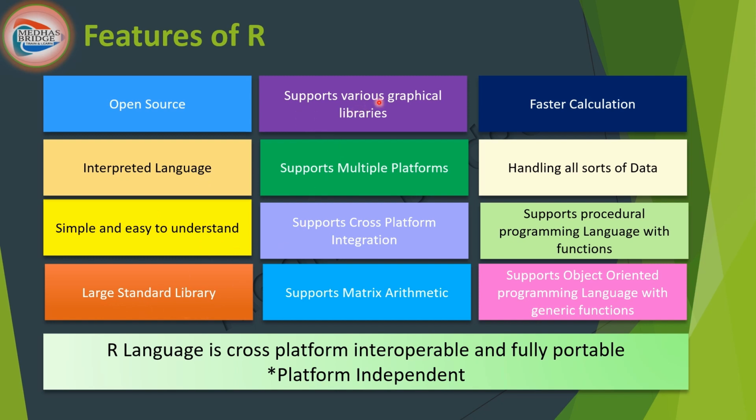It supports various graphical libraries and multiple platforms like Linux, Windows and Mac, and it supports cross-platform integration with C, C++ and Python. It supports matrix arithmetic, and hence it has faster calculation, handling all sorts of data, and supports procedural programming and object-oriented programming.